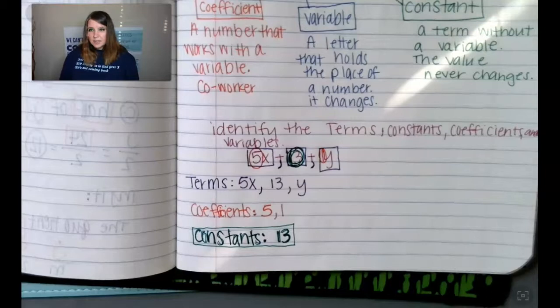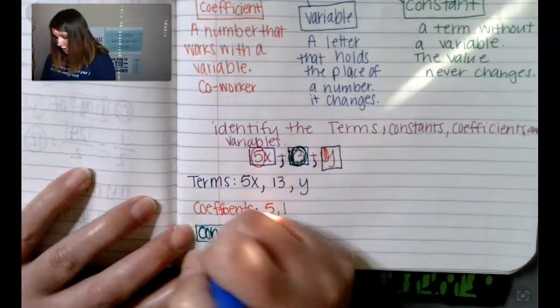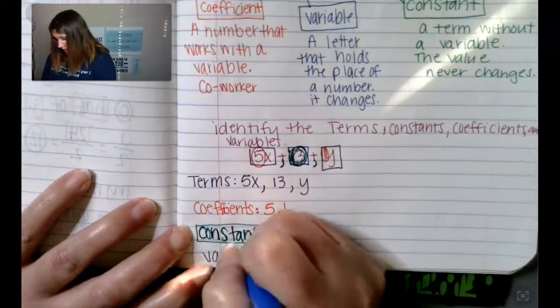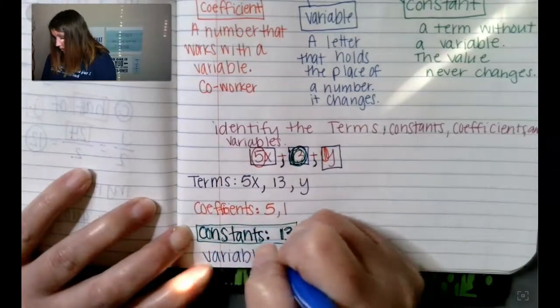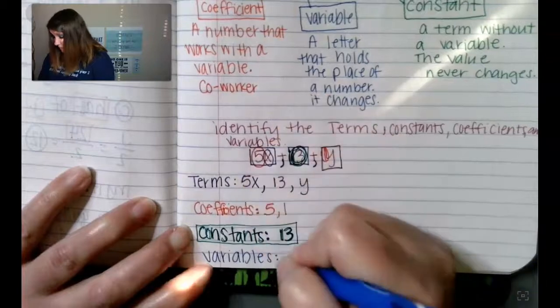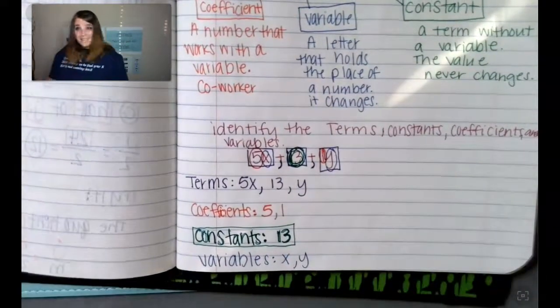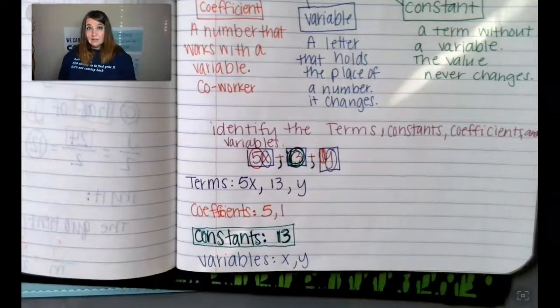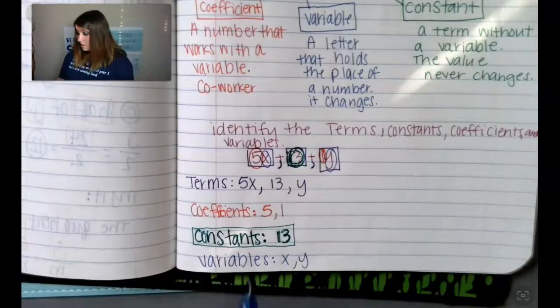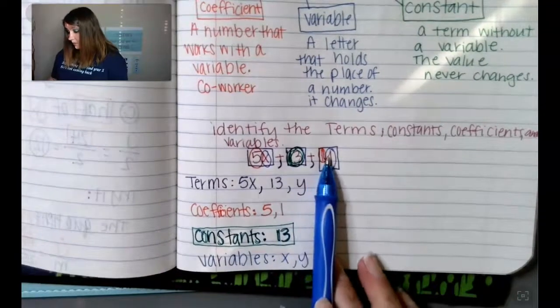Okay, and last but not least, we have our variables. Okay, the variables are the letters. The variables are just the letters. So that's all we're going to do. We're just going to circle them and we're going to write them. And that is your lesson on terms. Each of these are terms.